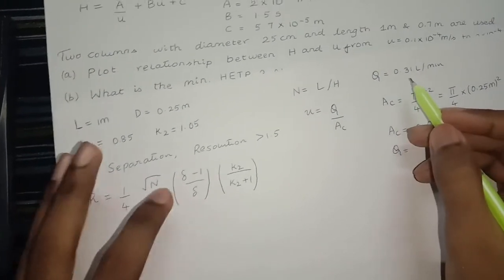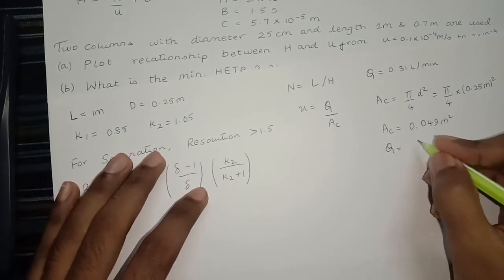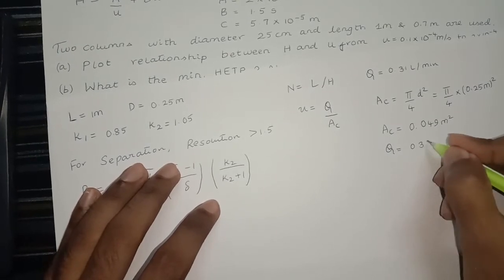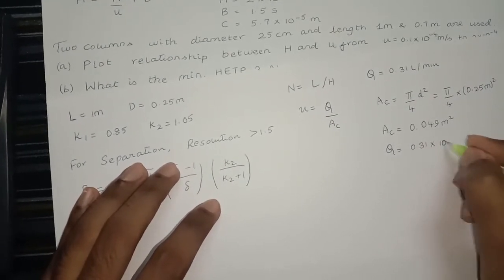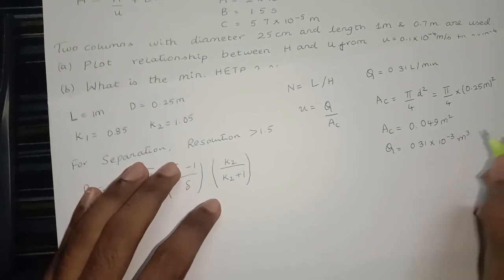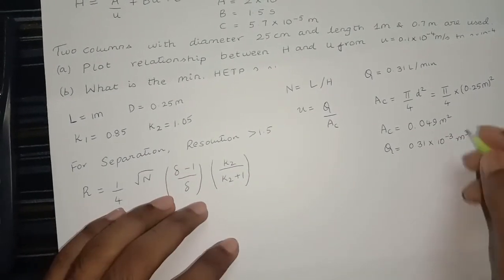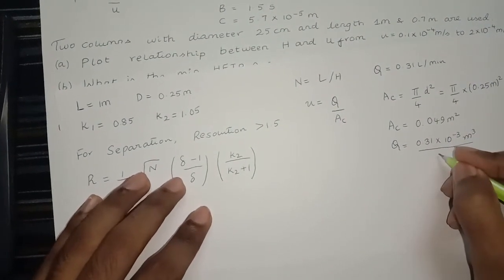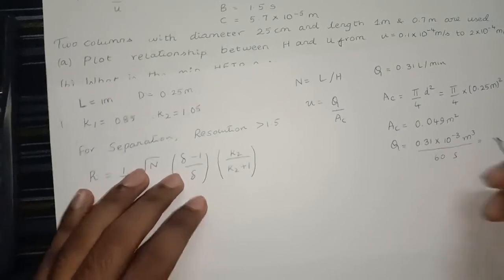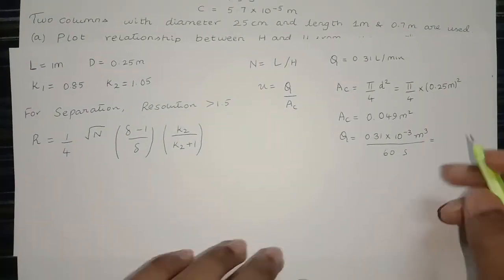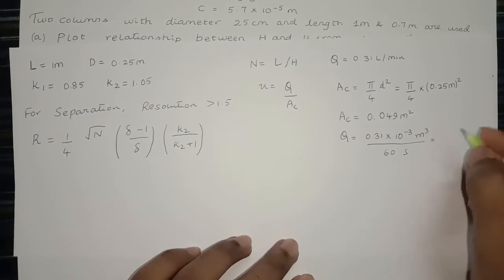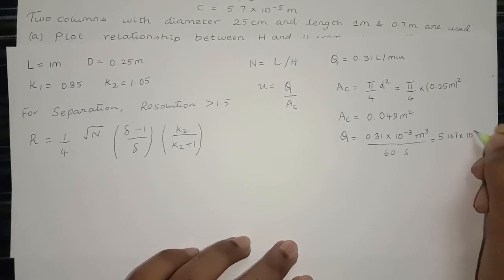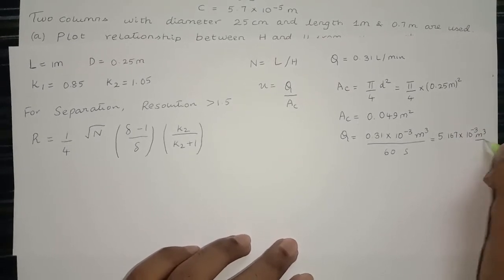The volumetric flow rate is given as 0.31 liter per minute. So 0.31 × 10^-3 meter cube, since there are 1000 liters in 1 meter cube, divided by 60 seconds, since 1 minute has 60 seconds, which is equal to 5.167 × 10^-3 meter cube per second.